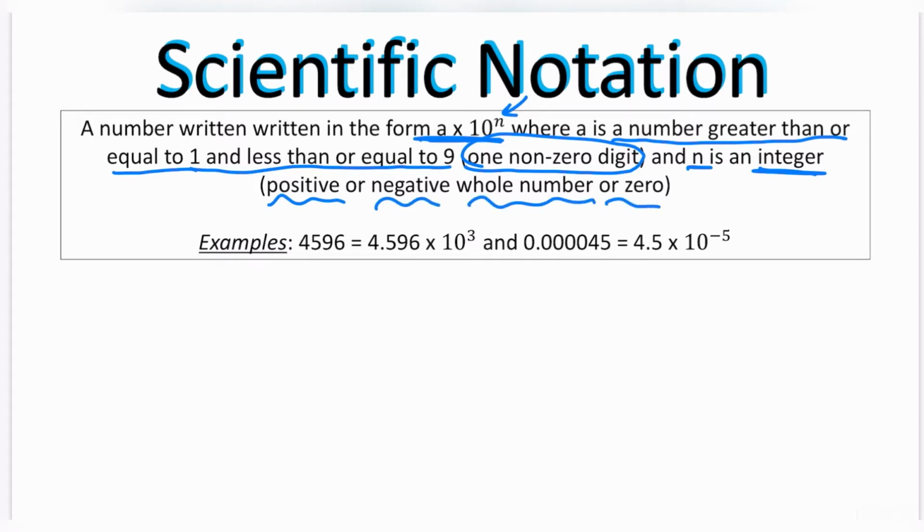Let's take a look at the examples that you see on your screen. Let's take a number like 4,596. Right now, you don't see a decimal point at all. When you don't see a decimal point, the decimal point exists at the very end of the number. According to the rule for scientific notation, there can only be one non-zero digit in front of the decimal point.